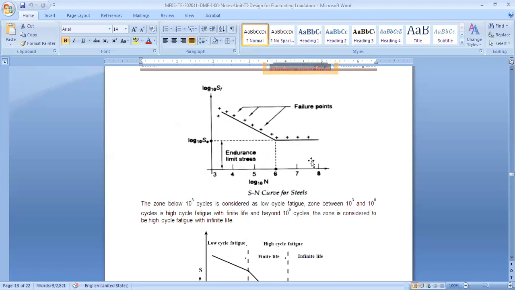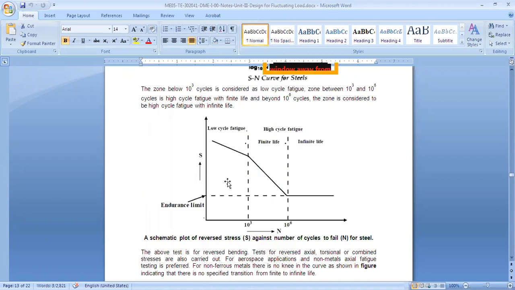That is called calculation for finite life. Infinite life means calculation of endurance limit, and calculation for finite life means we calculate for anything below 10 raised to 6, and we find out for a given stress what is the number of cycles, and for a given number of cycles what is the endurance limit stress for that given element or sample.